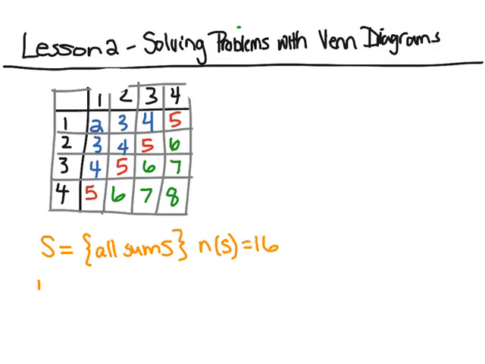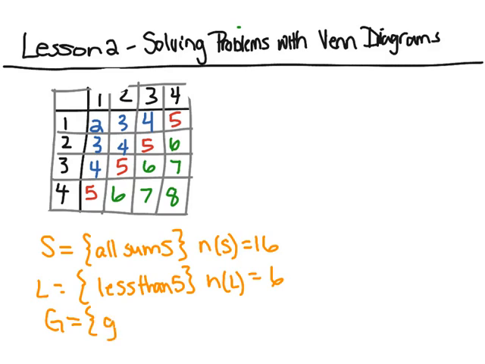Then we have the less than 5. So that's all of my blue numbers. So the number of L is 1, 2, 3, 4, 5, 6. Then we have greater than 5.